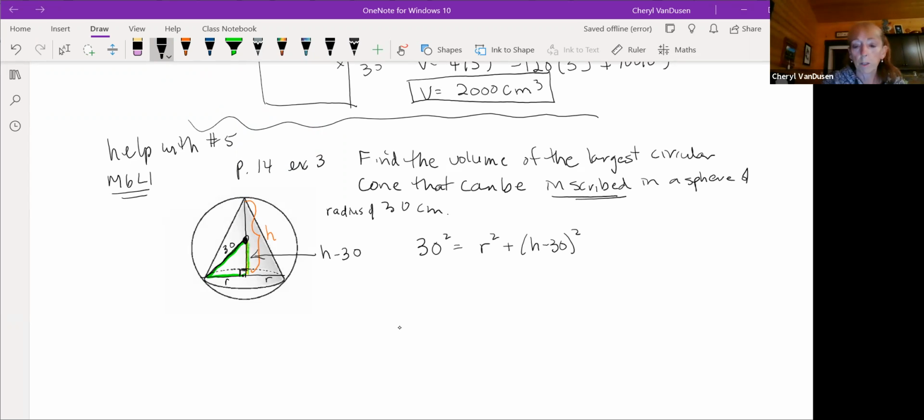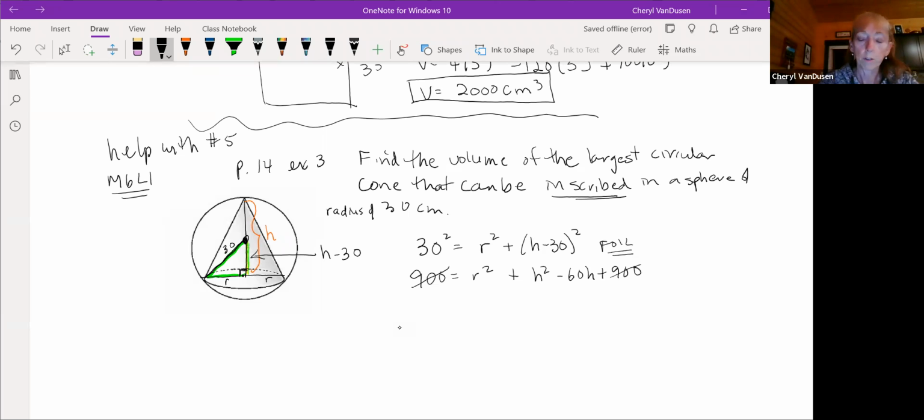Okay, and we can do a little bit of reorganizing on that. Not terribly hard math. 900 equals R squared, plus, careful FOIL will get you every time, H squared minus 60H plus 900. Let's do a little bit of reorganizing and cleaning up. So the 900s will cancel here.